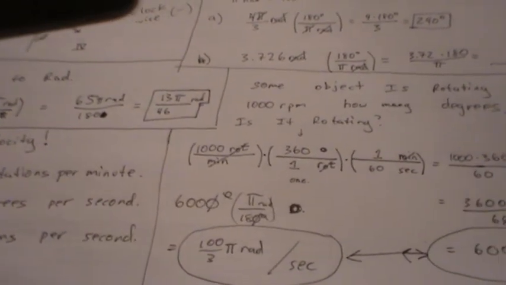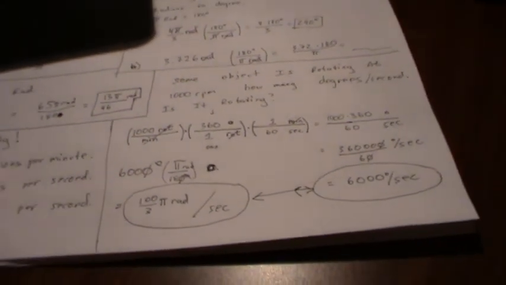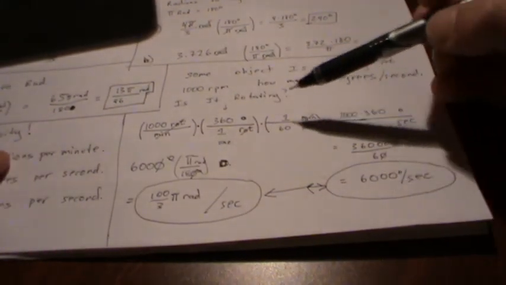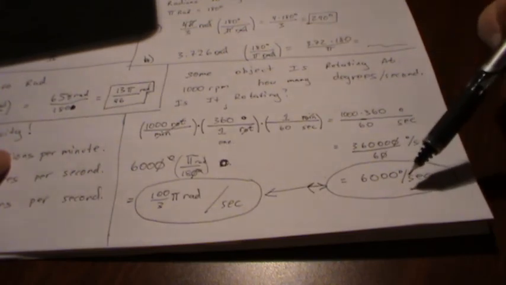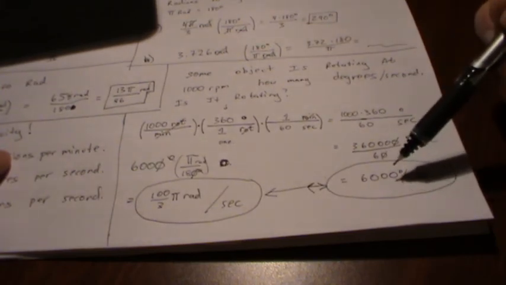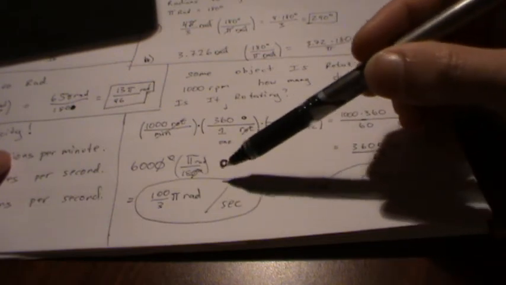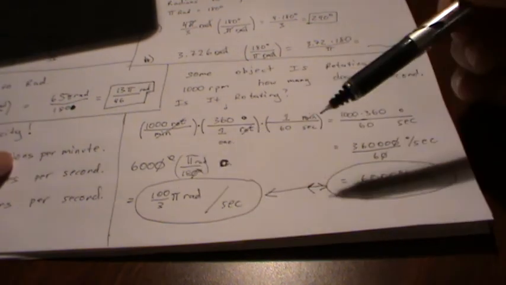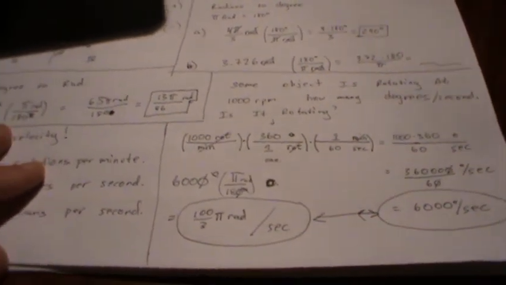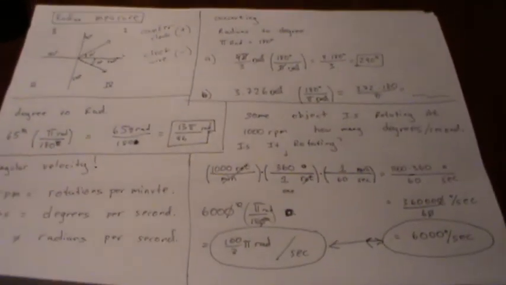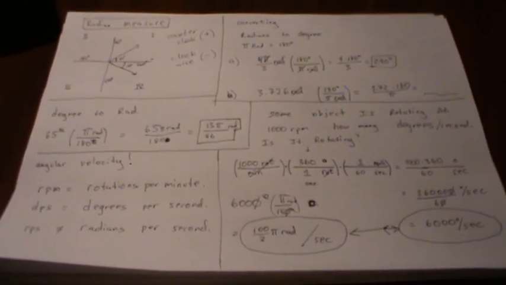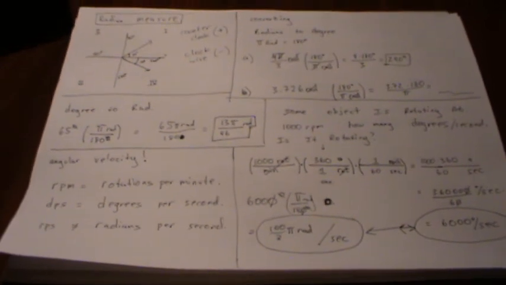But if the question asks for radians per second and degrees per second, you can convert into degrees per second, and then just multiply it by pi over 180 for your radians per second. Okay, this is the video on Radian Measure, and like I said, I'll discuss more of the theory behind what a radian is in class, but these are just some examples for you to get yourself ready.